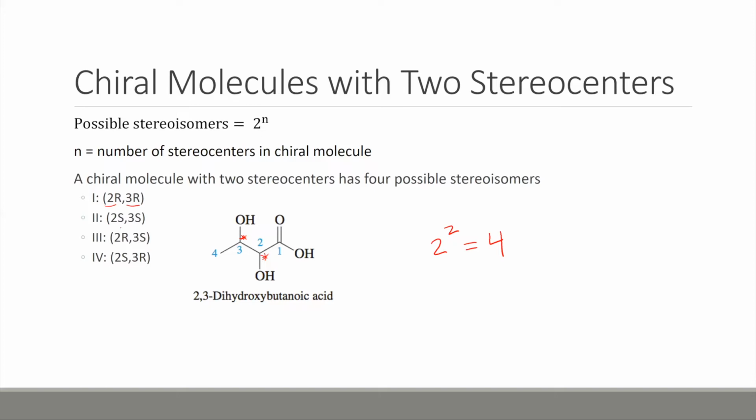We could also have SS. We could have the 2 position be an R and the 3 position be an S. And we could also have the 2 position be an S and the 3 position be an R. So these are all 4 of the different stereoisomers that can exist when you have these 2 chiral centers.